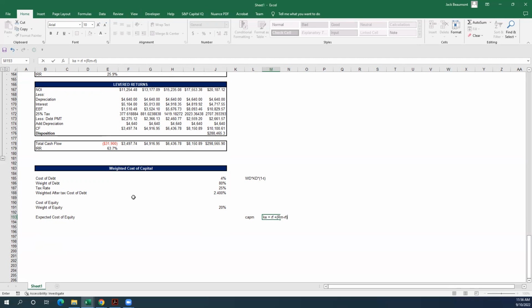If you're going to give $100 to an investment where you knew for pretty much 100% sure you're going to get your money back and get some return, versus putting your money into something where you may or may not get that money back, you're going to want a higher return.